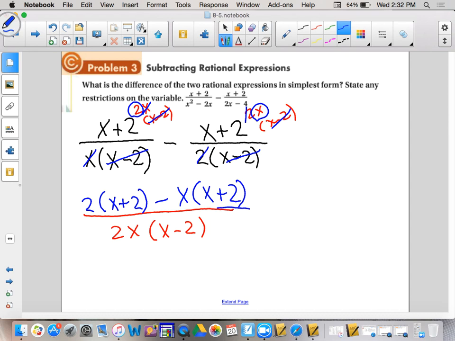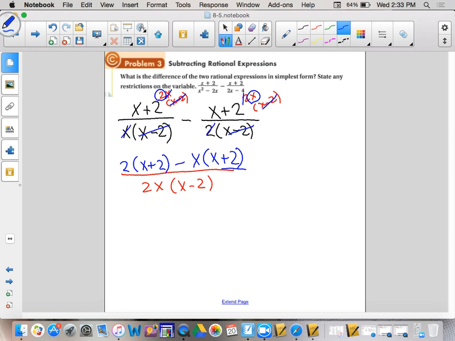So now I need to distribute. So what am I going to get right here when I distribute? Now I need to distribute over here too. What am I going to get when I distribute over here? No. Negative x squared. That's where your minus sign comes into effect. That minus sign has to go with that x. So it's negative x squared minus 2x.